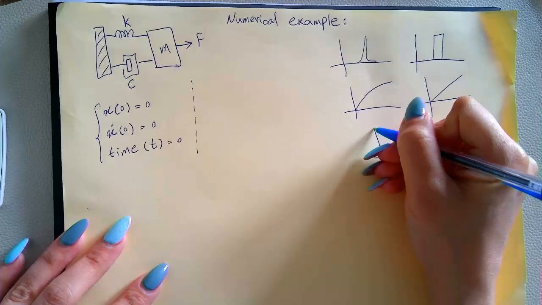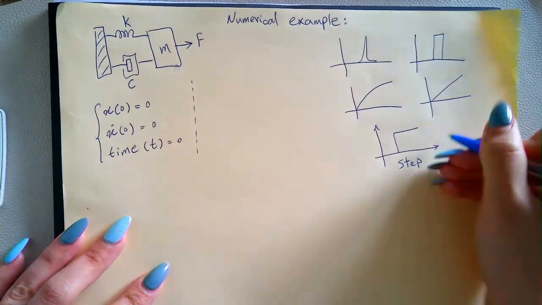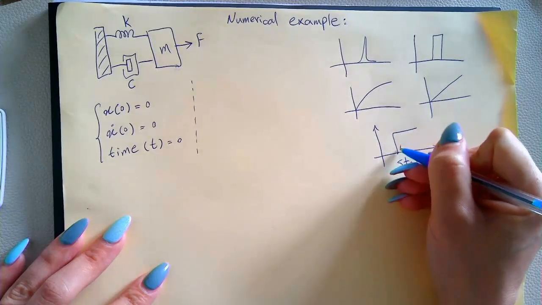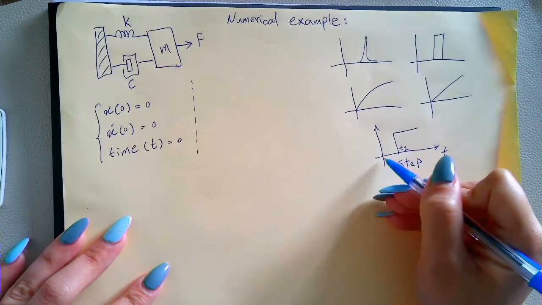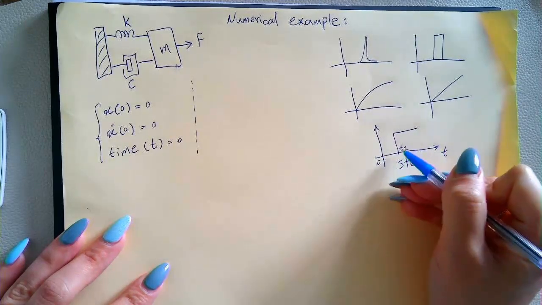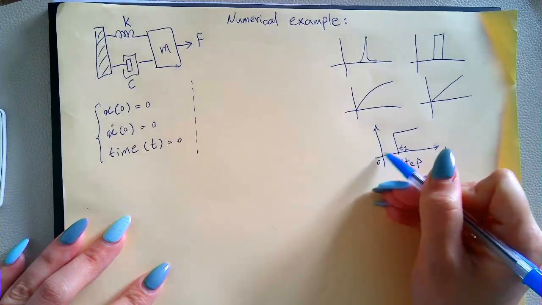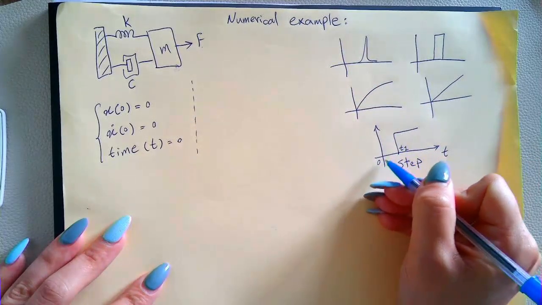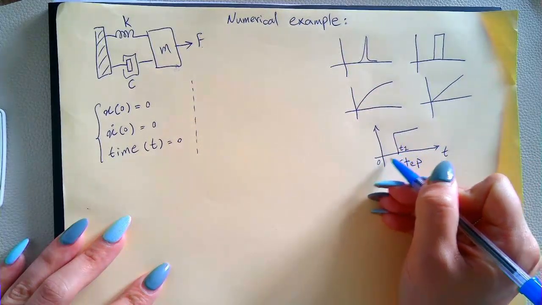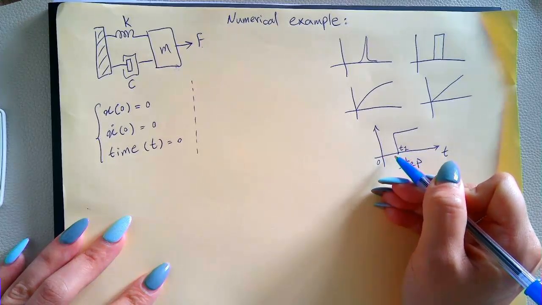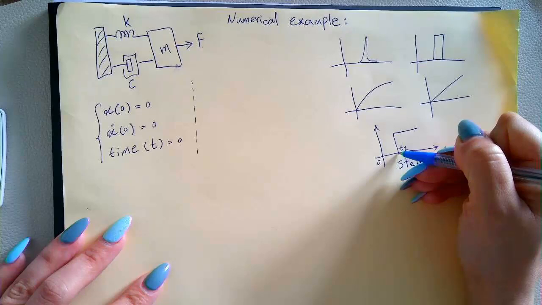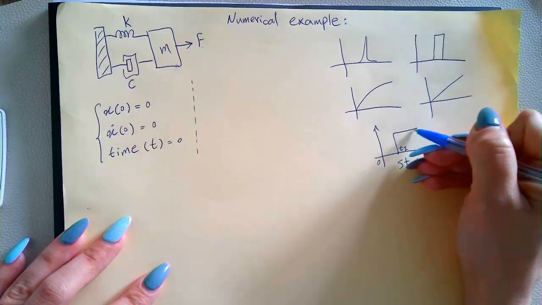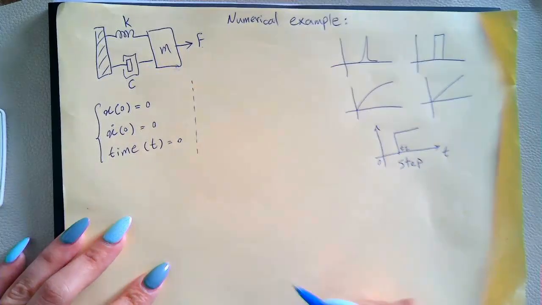Meaning that when we are looking at time, let's call this point t1. From 0 to t1 there is no input, so this force from this point to this point during this time is 0. And then, all of a sudden, at point t1 we have this constant force passed to our system.